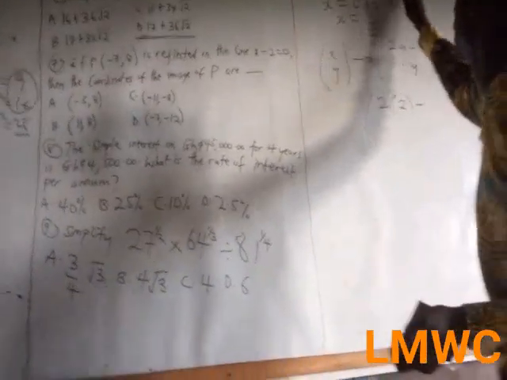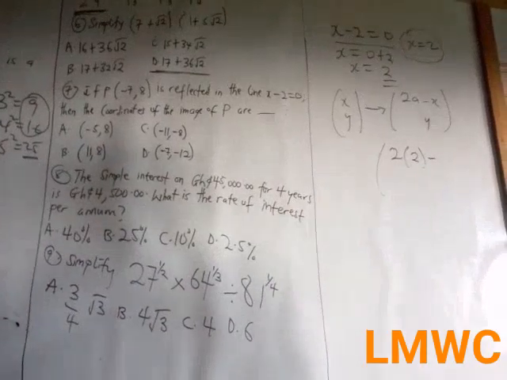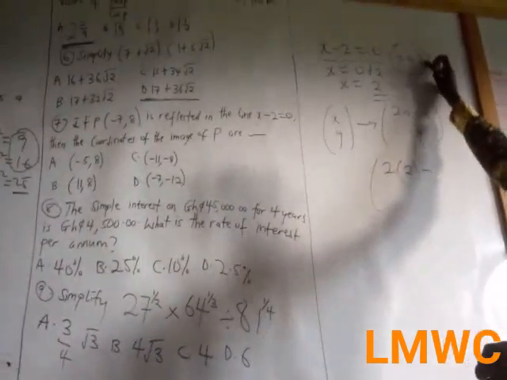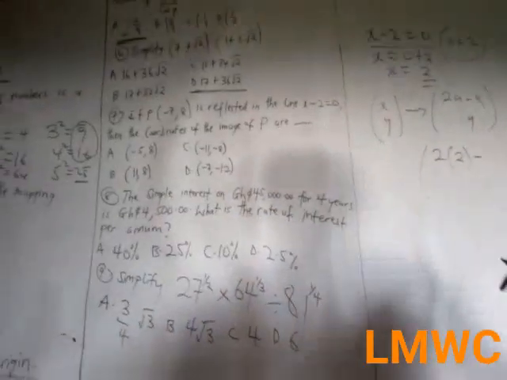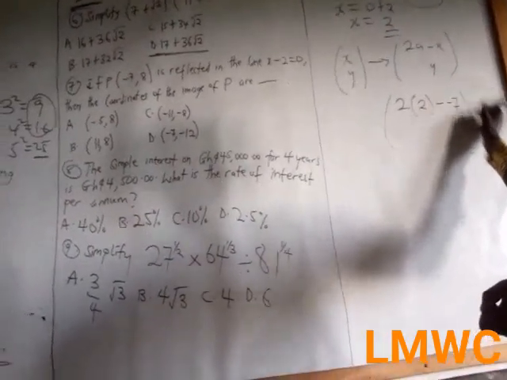If they gave it as x is equal to 2, they have given a to you straight. But if you don't take care, you will use this as your x value and it's wrong. Always we use the coordinates as our x and y values. So what is x? x is negative 7. What is y? y is 8.